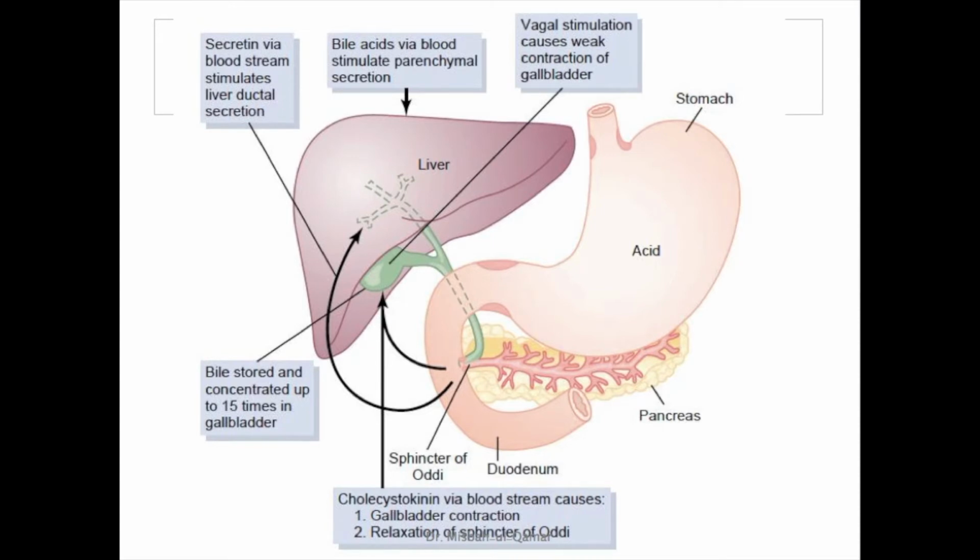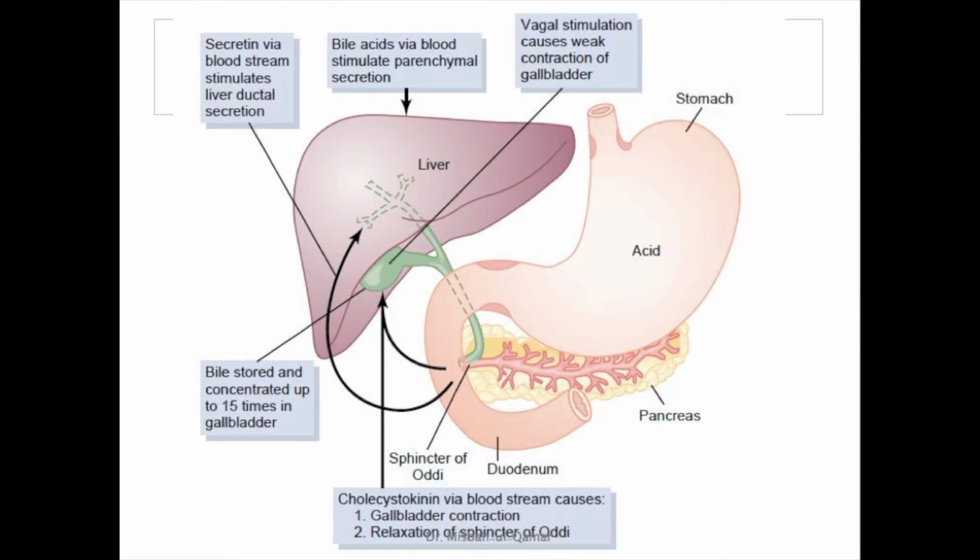Well, so now you know the whole process, how an acidic or fatty chyme which enters the duodenum causes the release of cholecystokinin and secretin from the duodenal wall's enteroendocrine cells. And then this cholecystokinin and secretin enter the bloodstream.